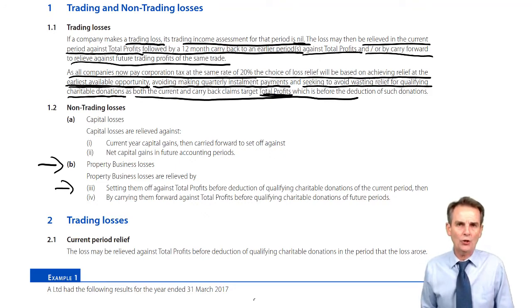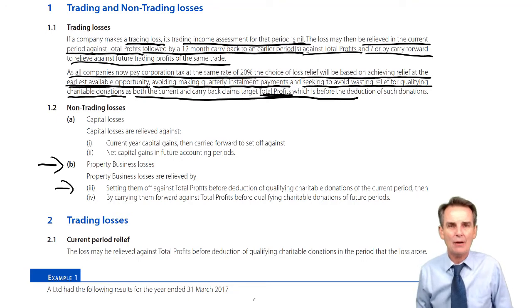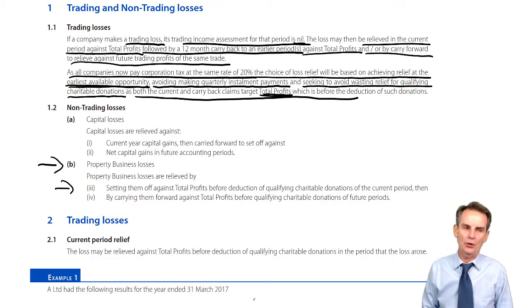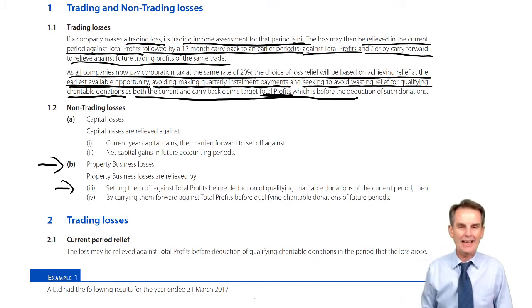But if we had more loss than there were total profits in the current period, then you would carry forward that excess property loss to go against the total profits of future accounting periods. And it will go against the next available total profit figure.